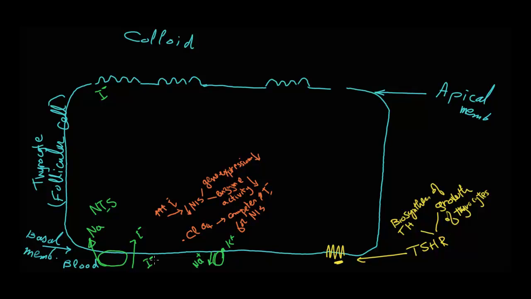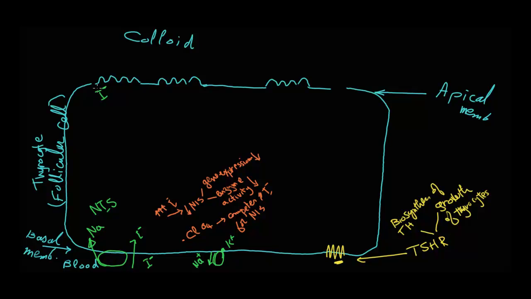There are some drugs which block the iodide trapping, like perchlorate, for example, which competes with iodide for the NIS. So it is a kind of competitive inhibition of the NIS.